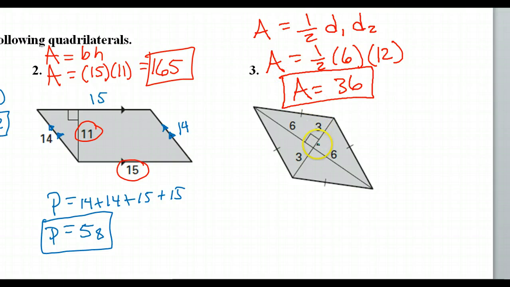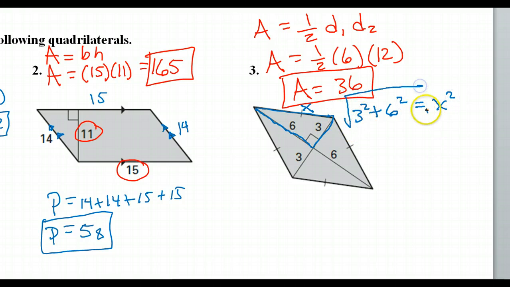Now we need to find the perimeter, but to find the perimeter, we're going to have to do the Pythagorean theorem. Okay, for example, say if I call this side over here x. If I do my Pythagorean theorem, looking at this right triangle here, then I've got a squared plus b squared equals c squared. So 3 squared plus 6 squared is equal to x squared.